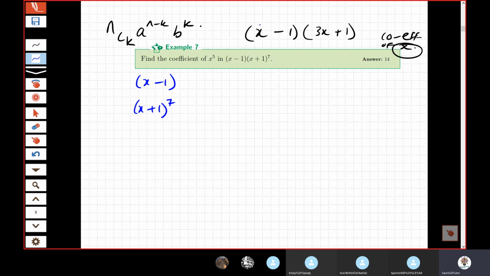It would be this multiplied by this and this multiplied by this. So same thing with this. If you're thinking of coefficient of x to the 5, it would be x multiplied by, what would happen here? x to the 4, right? Because x times x to the 4 gives you x to the 5. And then what about this one? 1 times what is going to give you x to the 5?